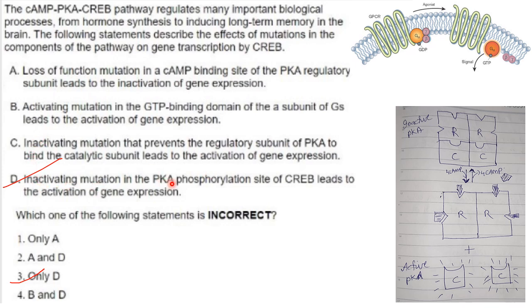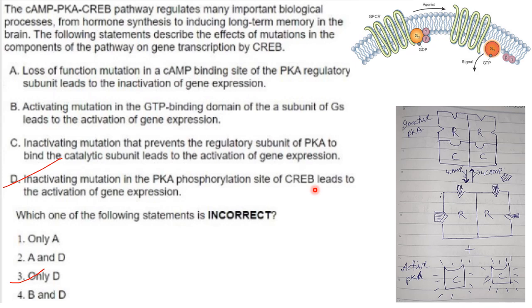Inactivating mutation in the PKA phosphorylation site of CREB leads to the activation of gene expression. So active PKA activates a molecule called CREB by phosphorylating it. So here inactivating mutation in the PKA phosphorylation site of CREB means it is not getting phosphorylated.